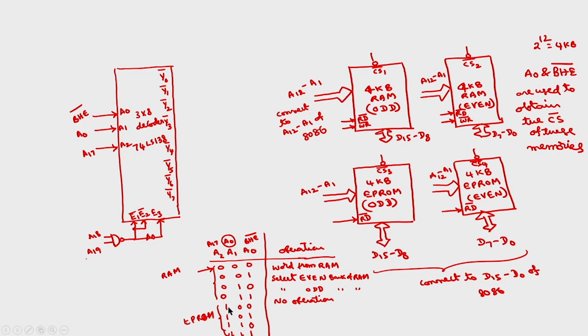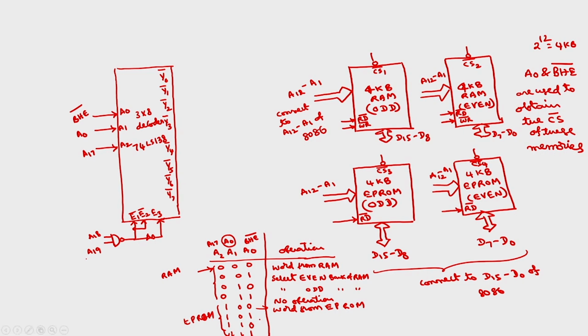So A2 is 1 means EPROM by default because of that address map that I have discussed in the previous slide. So A0 is 0 means this one will be a word from EPROM because both BHE bar is 0 as well as A0 is 0.